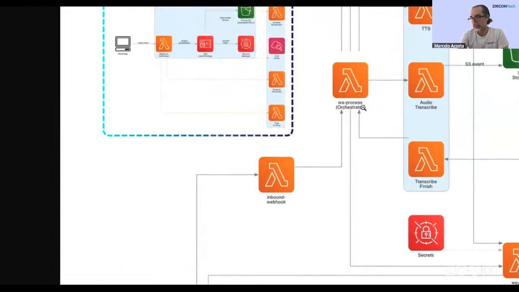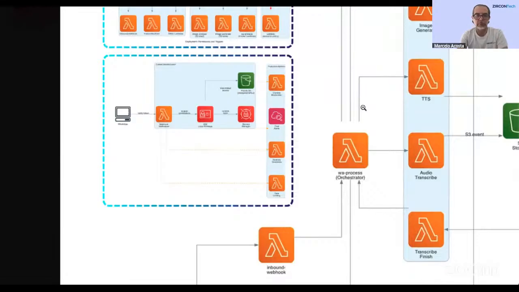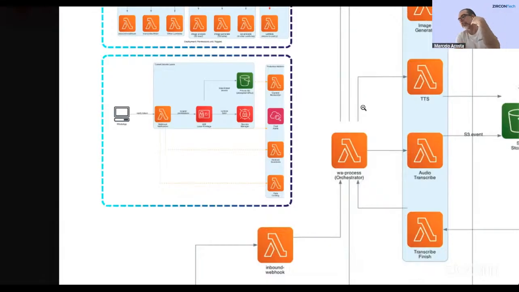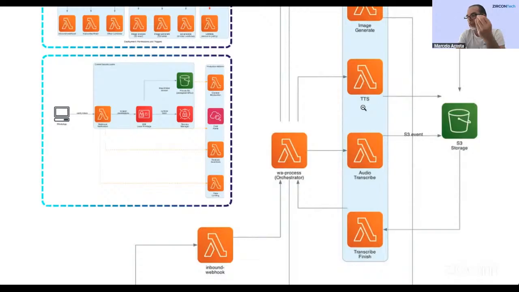We have this orchestrator that is going to see, okay, now I have this message with this type of file, media or not. What do I do with that? If it is a transcription, it calls another Lambda that calls this service called Transcribe.